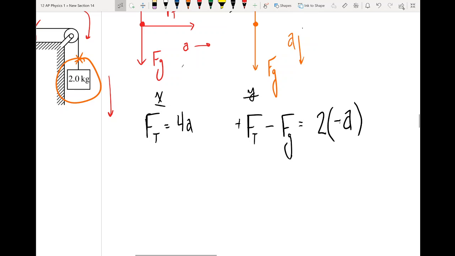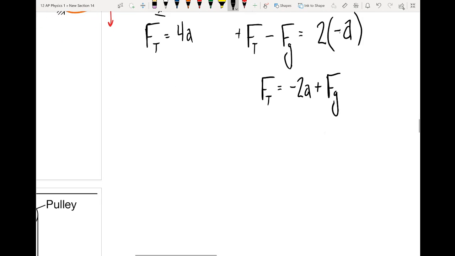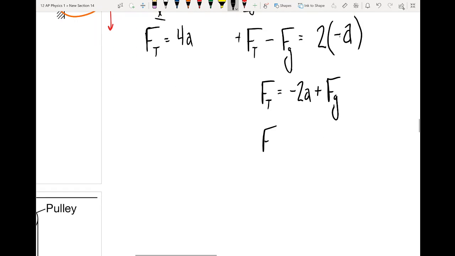So now what we said was we were going to solve for this force of tension equals negative 2a. We can add Fg to both sides, and we can even go a step further and solve for this Fg. We know that force of gravity is just m times g.